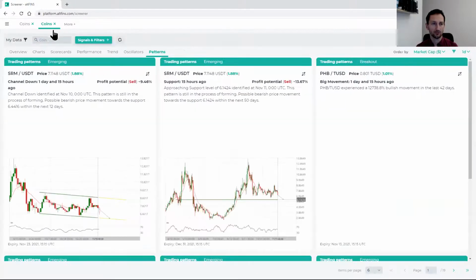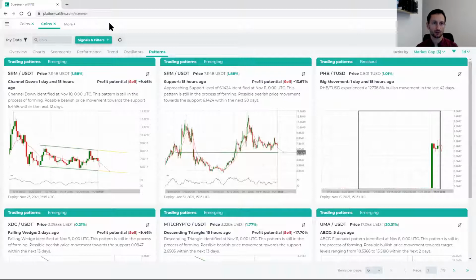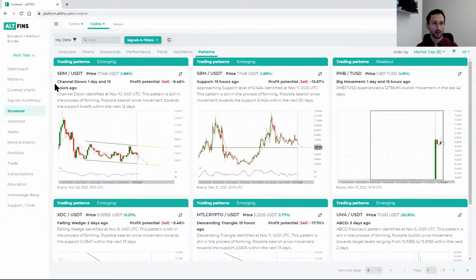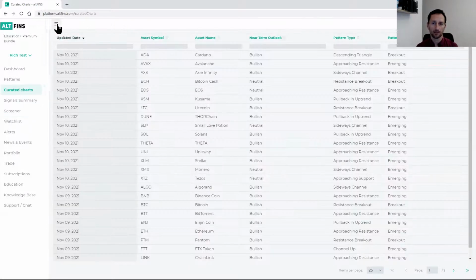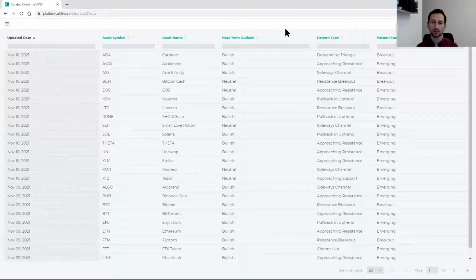And of course, you can save the filters as well, and you can quickly return to those filters in the future. The other area where you may find some interesting trading ideas is, again, curated charts, which are technical analyses set up by our own internal team of analysts, where we analyze about 35 altcoins, some of them larger cap altcoins.